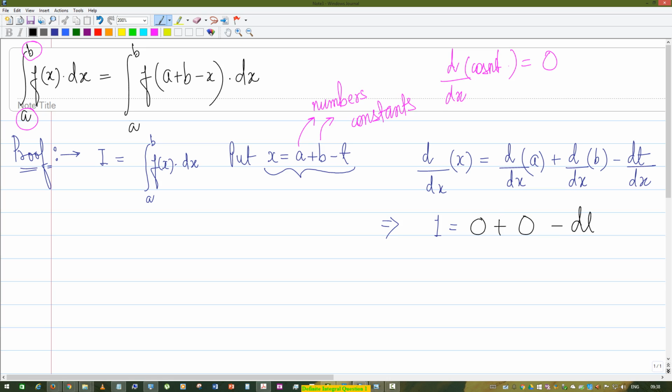And this is minus dt over dx. So we can simplify it further. 1 is equal to minus dt over dx, or we can multiply this expression by minus 1. We can very comfortably say that dx is equal to minus dt.